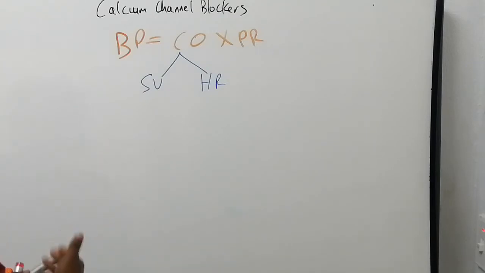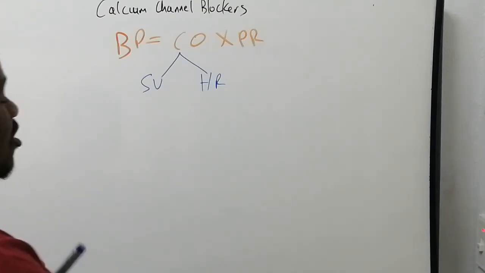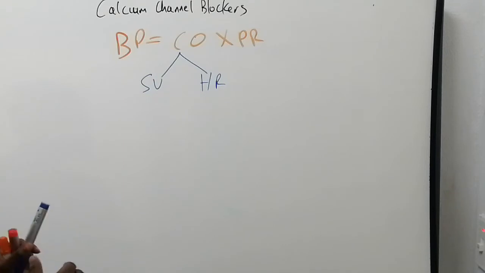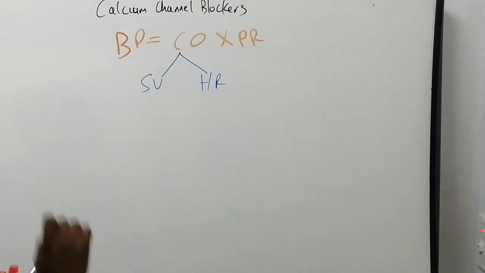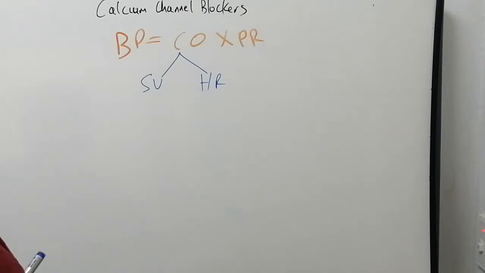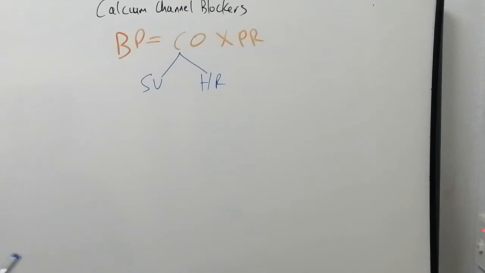The same thing applies to stroke volume. If you increase a patient's stroke volume, you will increase their cardiac output and eventually increase their blood pressure. Right? So all antihypertensives just manipulate this formula to control the BP. I want to repeat, all antihypertensives manipulate these variables in order to decrease the blood pressure.